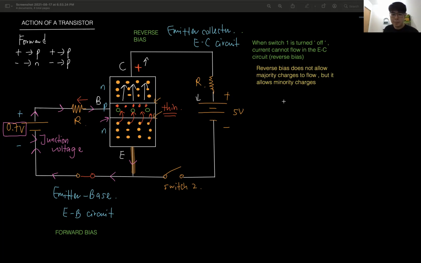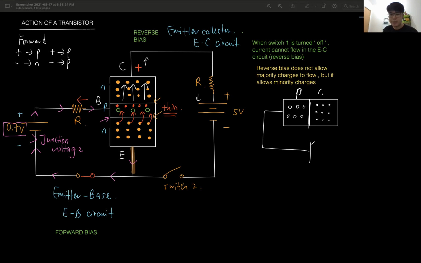Now let's see. Let's say we have a diode. P-type, N-type, P, N. Here we have the electrons, and then we have the holes. Now, if I connect it like this, this is positive, this is negative. Is this reverse bias or forward bias?